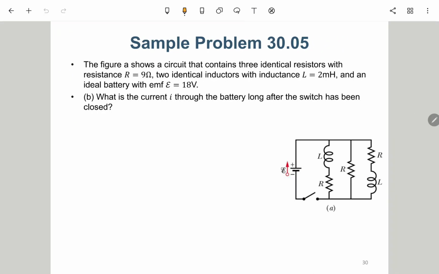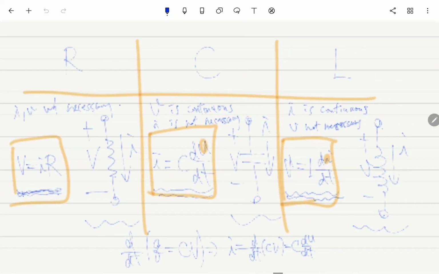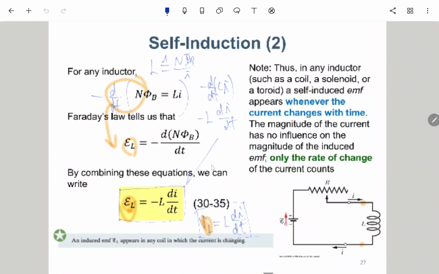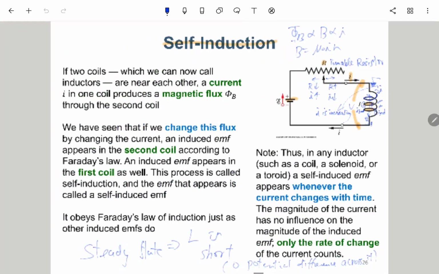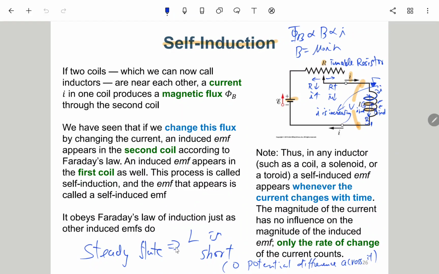For question B, what is the current I through the battery long after, which means t is infinity. For t equals infinity, VL at infinity will be 0 volts, just as I mentioned here, with zero potential difference across it.